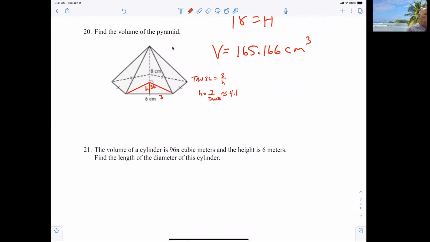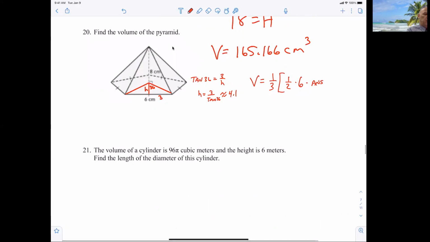So now the volume is equal to 1/3. The area of the base now is a triangle, so I'm not going to forget this time. 1/2, what's the base? And what's the height? Thank you. 1/3, 1/2 base times height. Now, how many triangles are there?